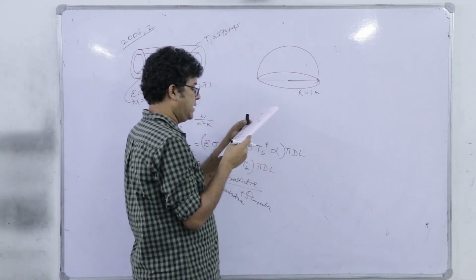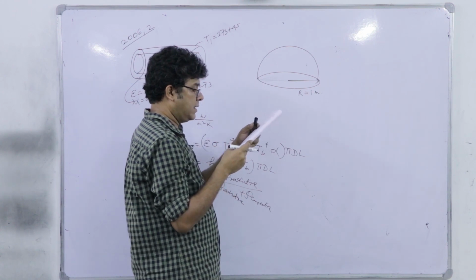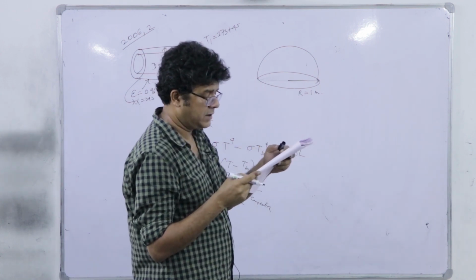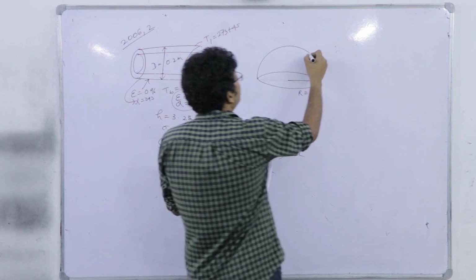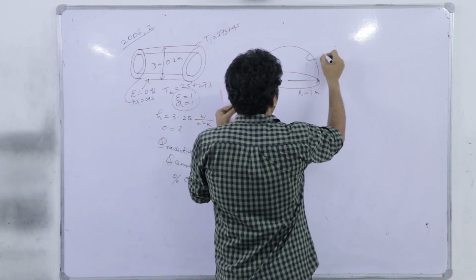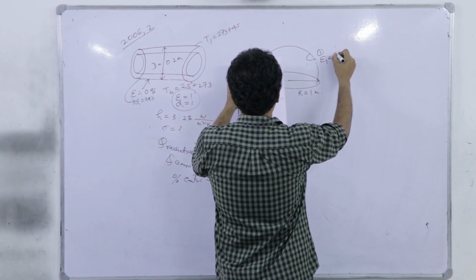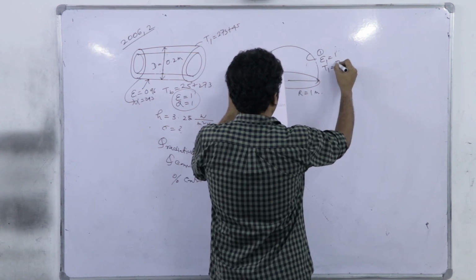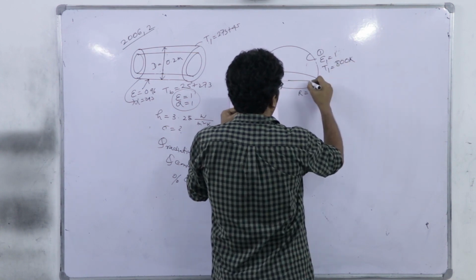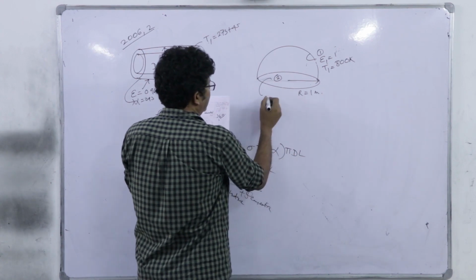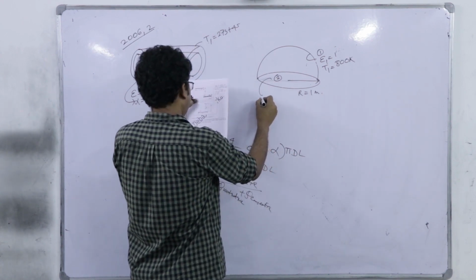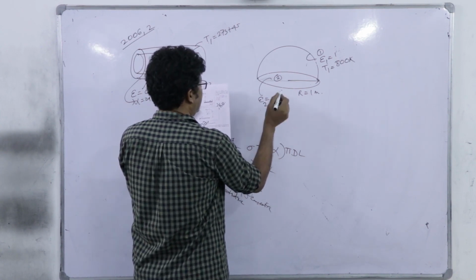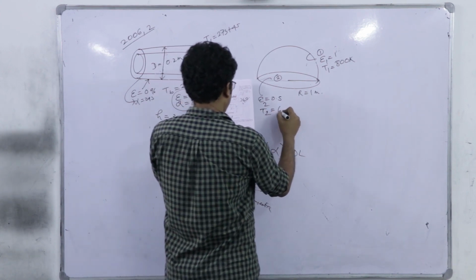The inner surface of its roof, surface 1, has epsilon 1 equal to 1, so it is a black body, and temperature T1 is 800 Kelvin, whereas the floor, this is surface 2, has epsilon 2 equal to 0.5, and T2 is equal to 600 Kelvin.